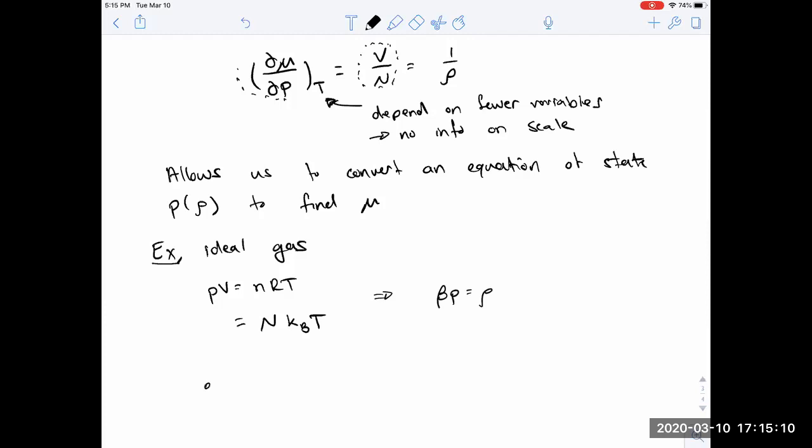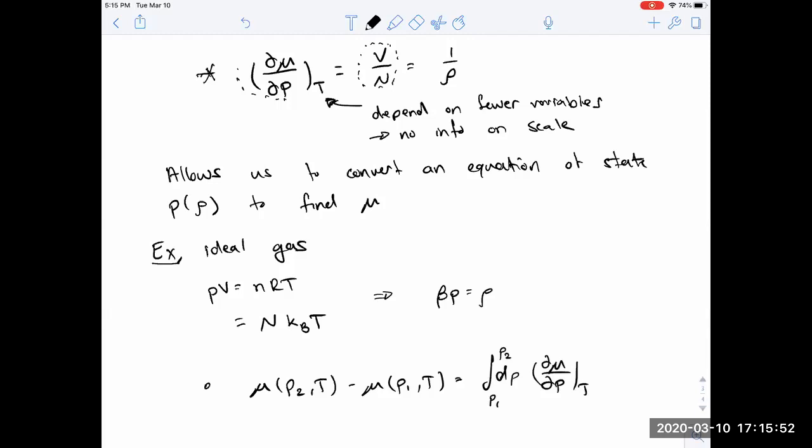This tells us that if we were to integrate the chemical potential using this equation up here, the chemical potential at some pressure, say P2, and temperature T, less the chemical potential at pressure 1 at that same temperature, will be equal to an integral over the pressure from P1 to P2 of how that chemical potential changes with pressure if I fix the temperature.